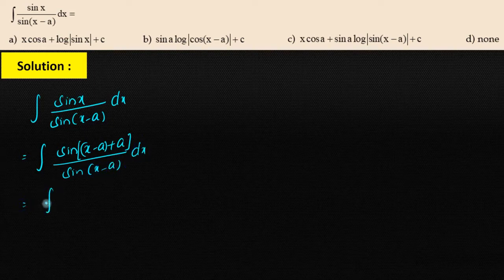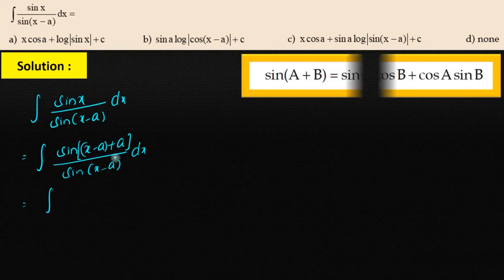This equals to integral, here it is in the form of sin of (A plus B). We know that sin of (A plus B) is equals to sin A cos B plus cos A sin B. Here A is equals to x minus a, B is equals to a.